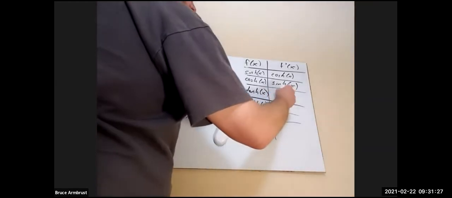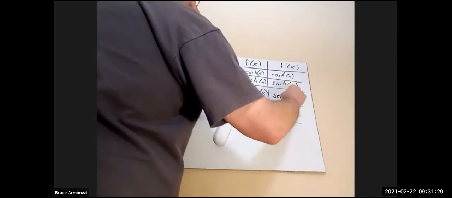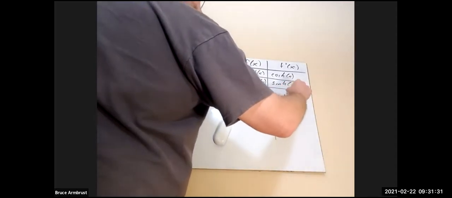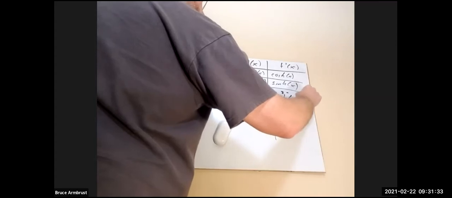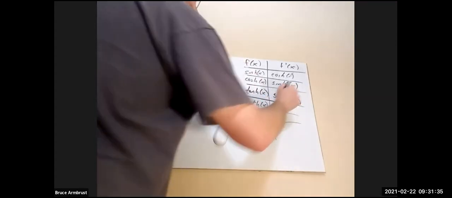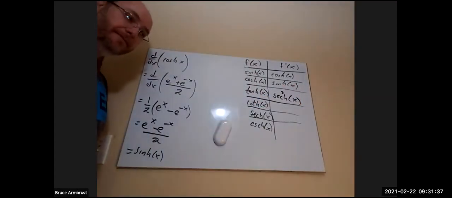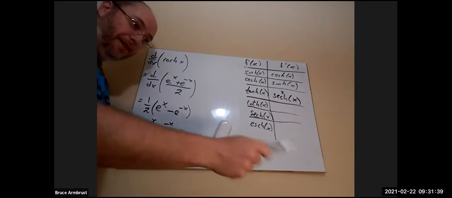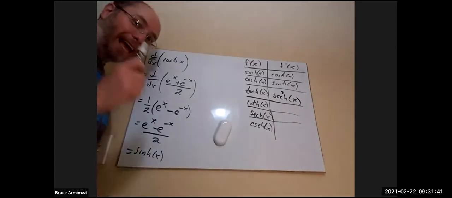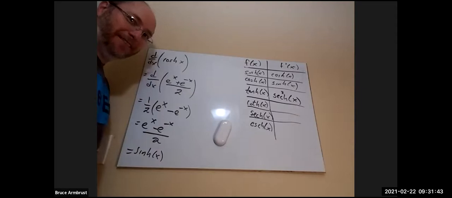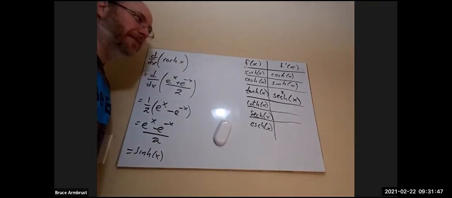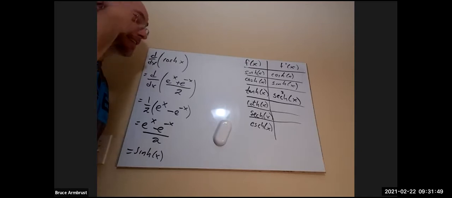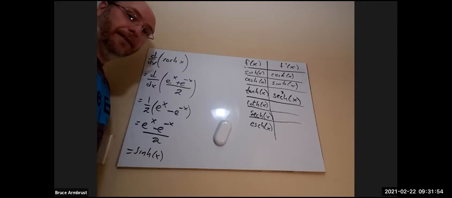But it turns out the derivative of tanh is sech squared. And even though none of you are showing your video, I can still see your shocked face. You're not shocked, right? If the derivative of sinh is cosh and cosh is sinh, well, of course, tanh's derivative is sech squared. It's like the derivative of tangent being secant squared.